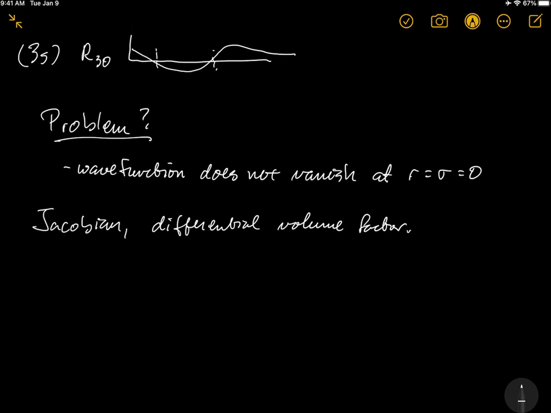And you may recall that d tau in spherical polar coordinates is r squared dr sine theta d theta d phi.